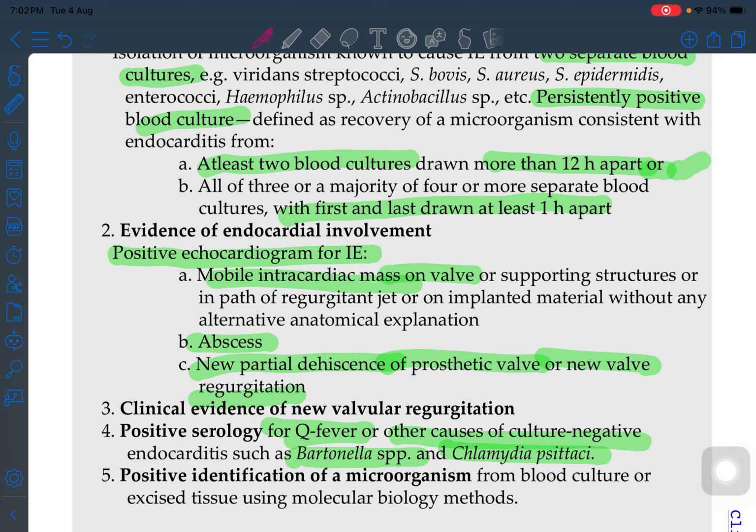Then second is evidence of endocardial involvement. So we will see a positive echocardiogram for IE if there is a mobile intracardiac mass on valve or supporting structures, or in the path of the regurgitant jet, or on implanted material, without an alternative anatomical explanation.